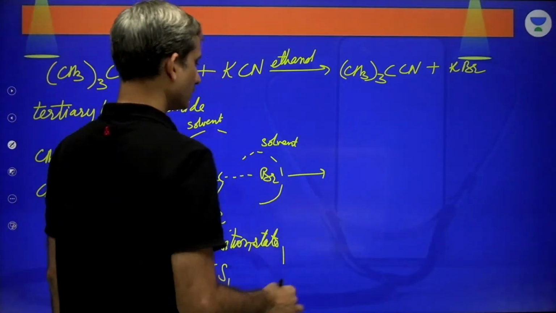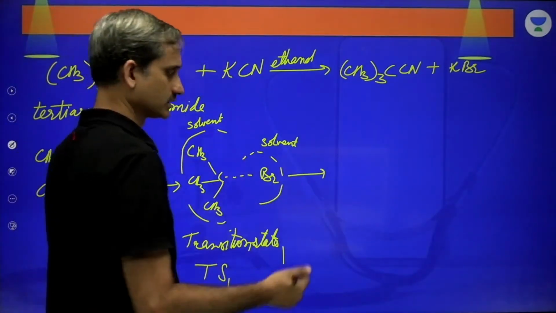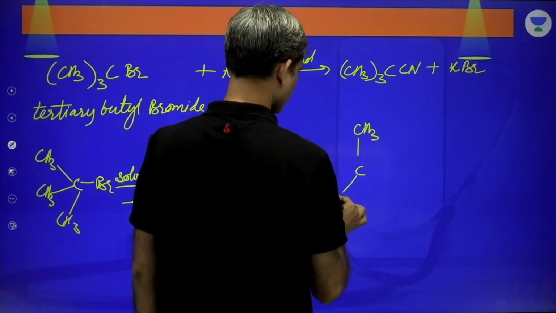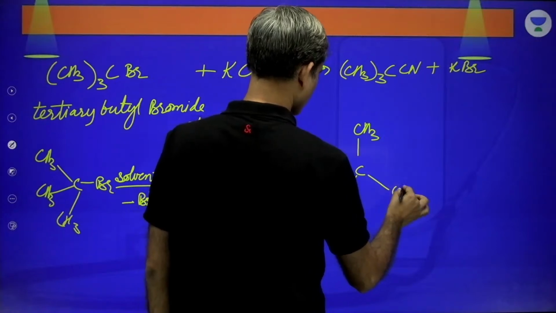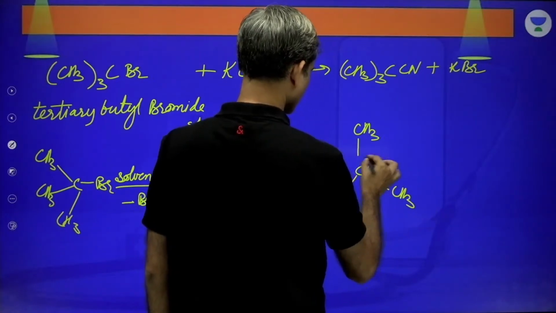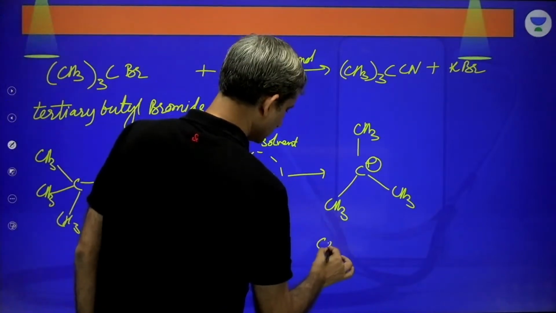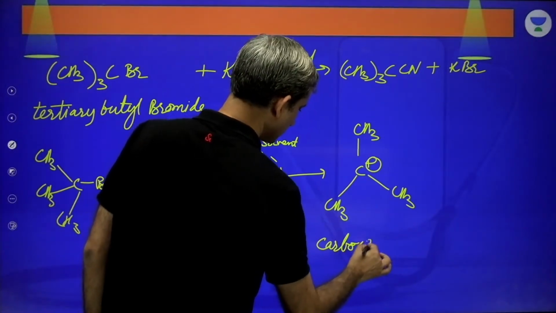Now once bromine is taken out, we get a species like this. This species is called a carbocation.